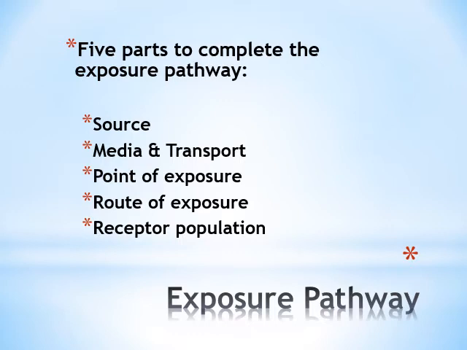Route of exposure refers to how the contaminant enters the body. Did we eat it? Did we inhale it? Did it get absorbed through the skin? And then receptor population. So these are the people that are likely to be exposed.